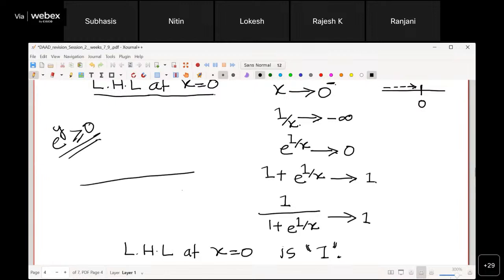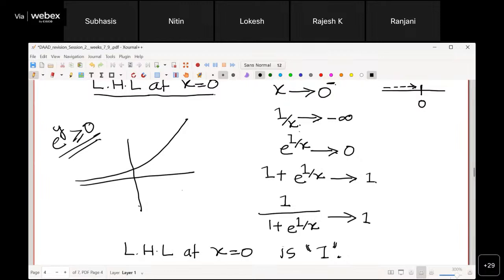If you see the graph of e power x, e power y is always greater than equal to 0. So certainly e power 1 by x can't go to minus infinity, because e power x is always greater than equal to 0.